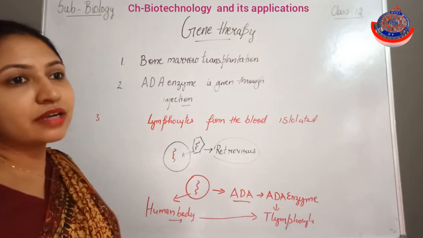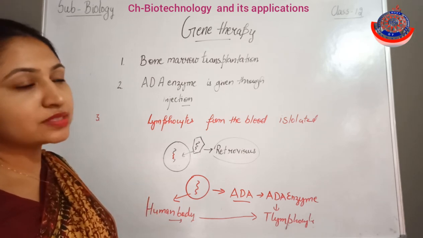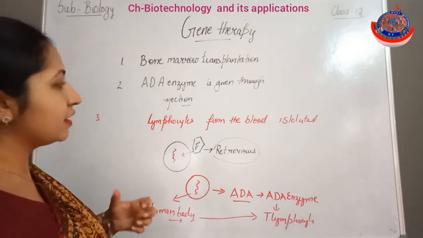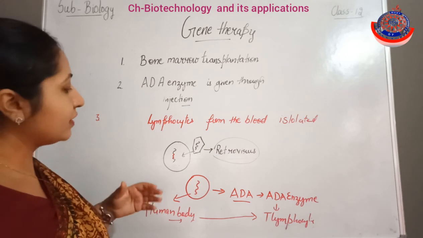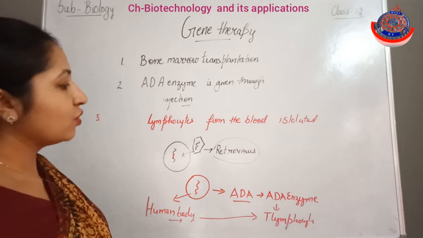Clear? This method is also not permanent, because periodic infusion has to be given, means again and again the lymphocytes have to be isolated and the ADA gene inserted in them.